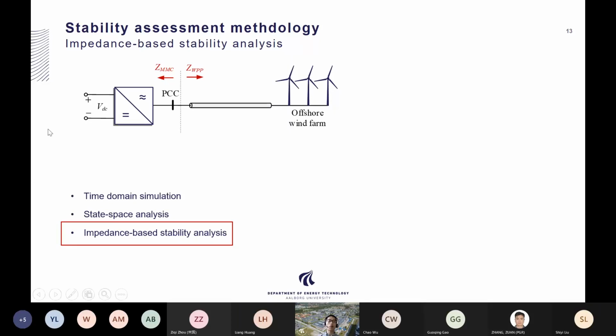As I mentioned before, the state space method is also a very good method, and it has a clear advantage. For converter manufacturers, who know every control detail of the MMC, both the state space method and the impedance-based method can be adopted. But in the real world, the transmission system operator, for example National Grid UK in England, has no idea of the control details when doing stability analysis.